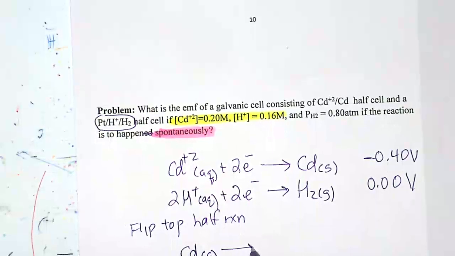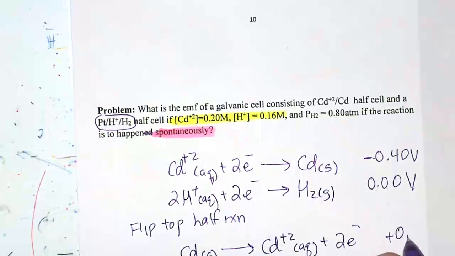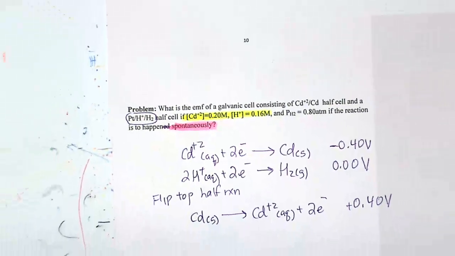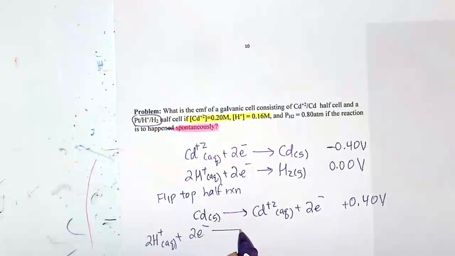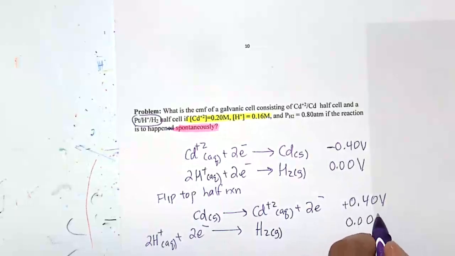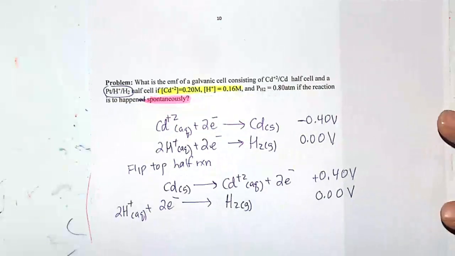Cd solid goes to Cd plus 2 aqueous plus 2e minus. This is positive 0.40 volts. 2H plus 2e minus goes to H2, that's 0.00 volts. So like we said before, this is the anode and this is the cathode.